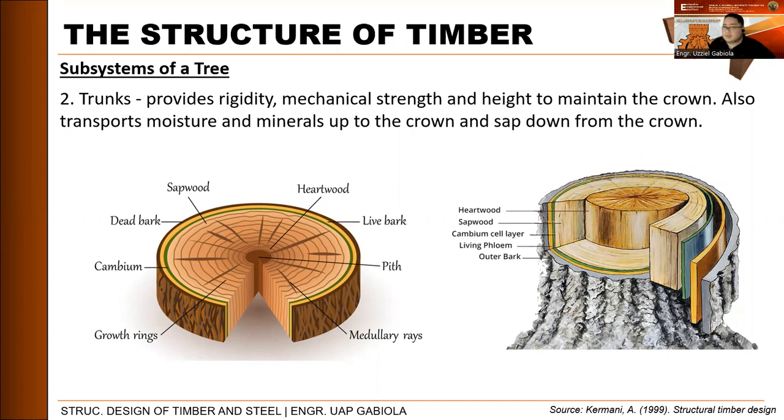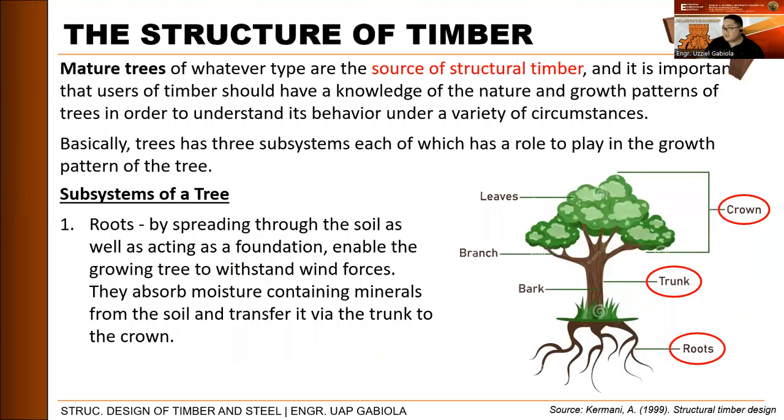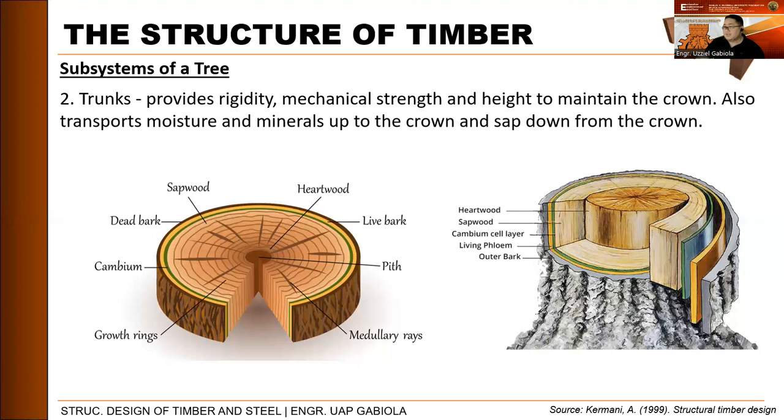Okay? So, this is the cross-section of our trunk, and we need to understand the importance of its parts. These photos are identical, just different views and probably different labeling. But wood in general is composed of long thin tubular cells.